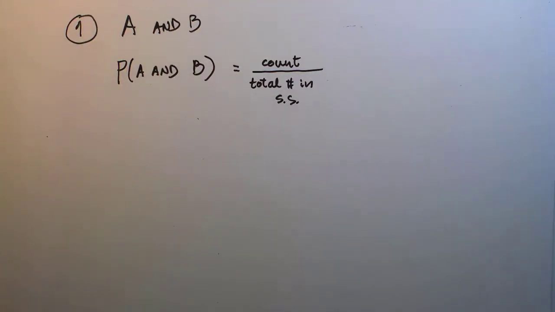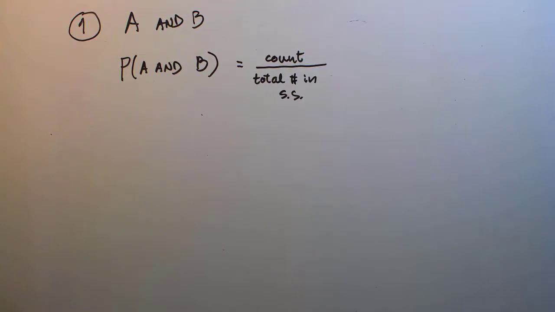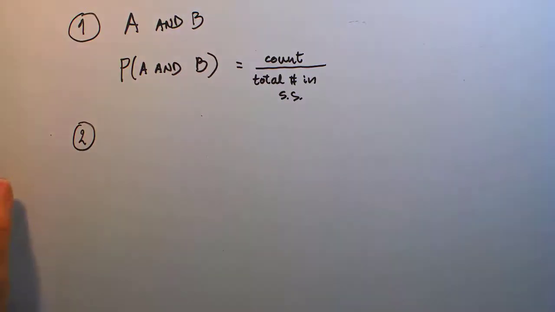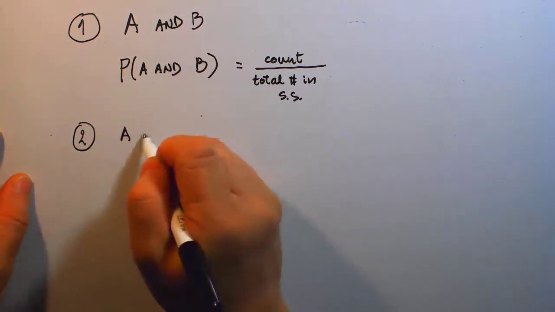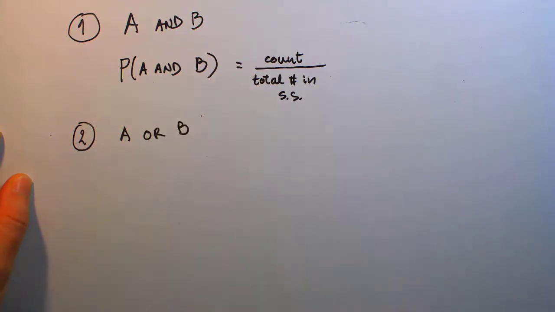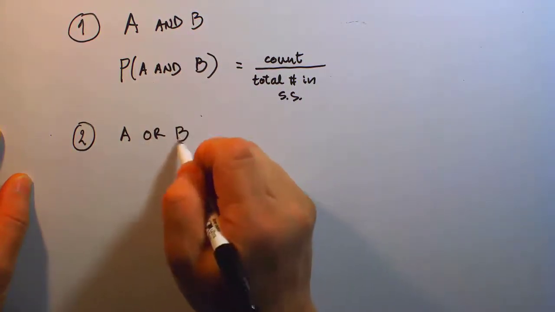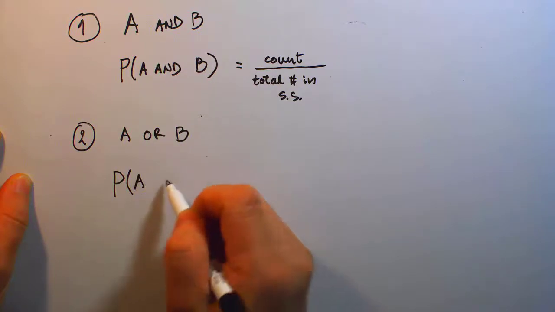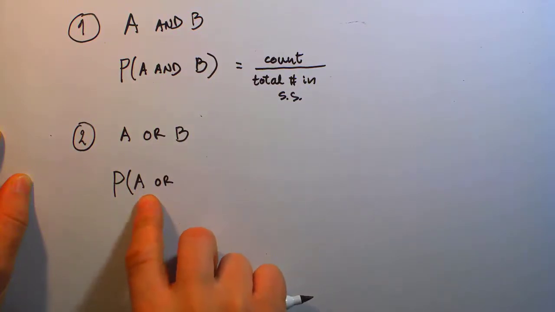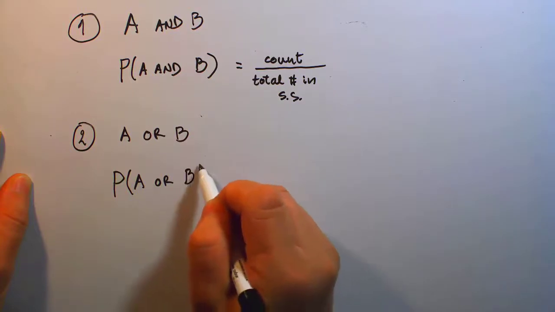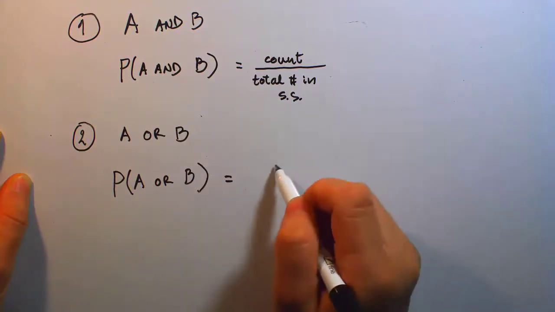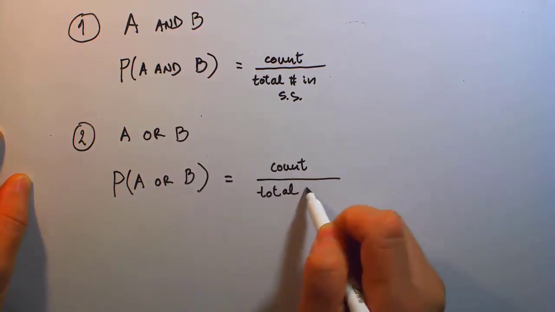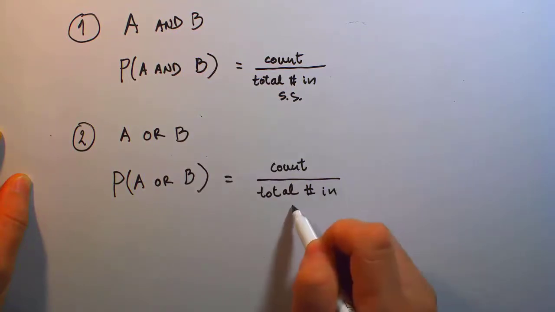But then for this kind of compound event we just learned in question D, A and B being two simple events again, what we looked at was A or B. To answer that question, find the probability of those that meet requirement A or meet requirement B. One way we can do it is to find the count over the total number in the sample space.